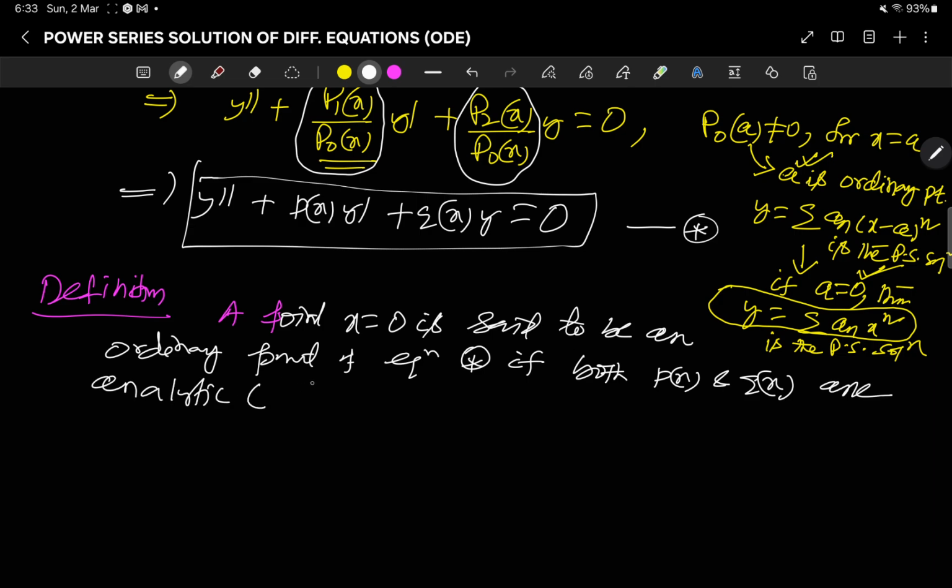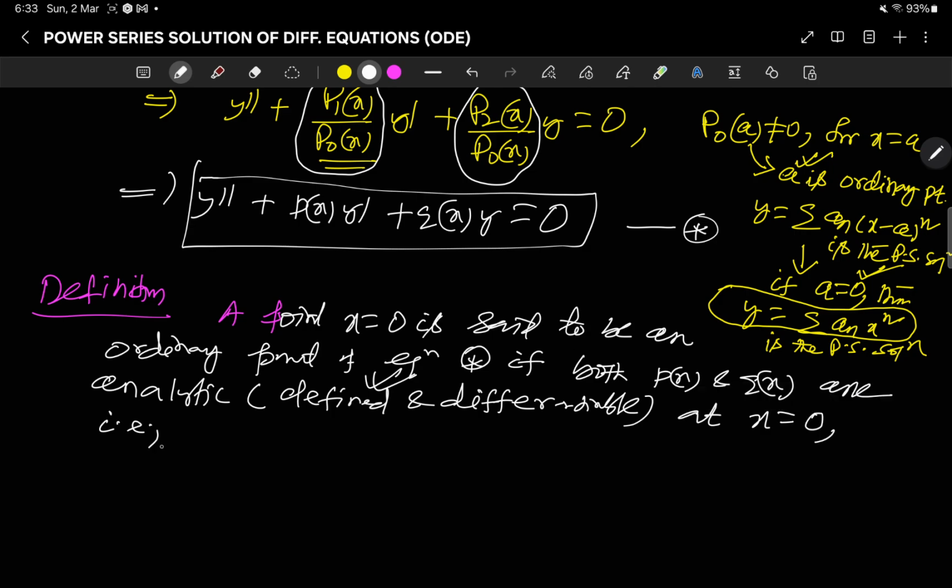Analytic means, at the present moment, I should say defined. Further, it is also called differentiable, but we stick to defined here. So p(x) and q(x) are analytic at x equals 0. That means p0(0) is not equal to 0.